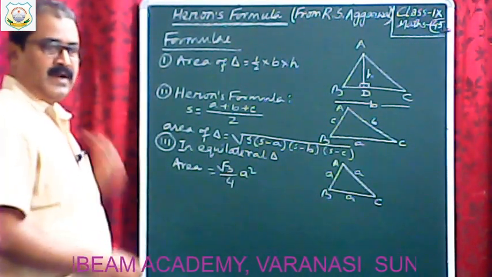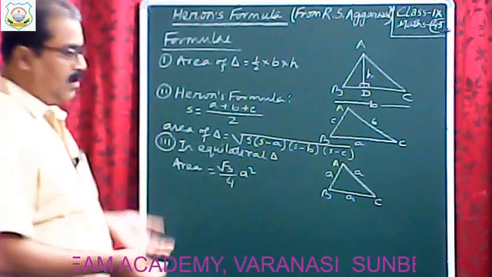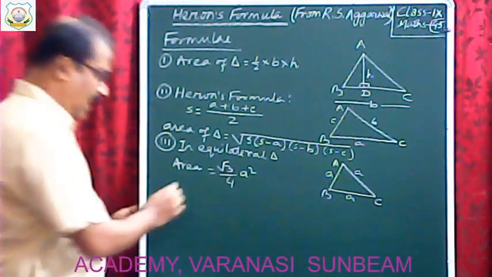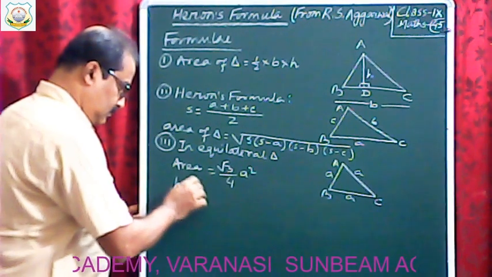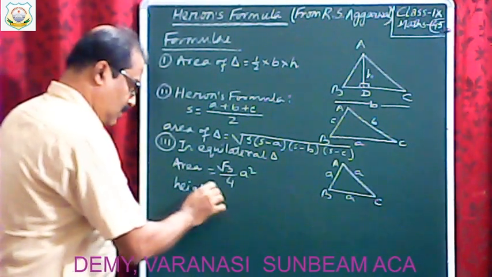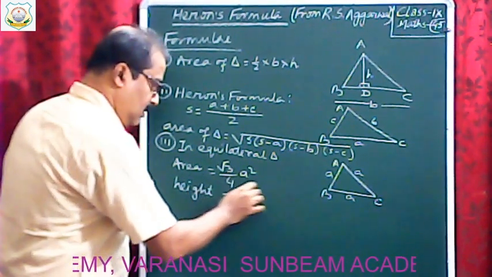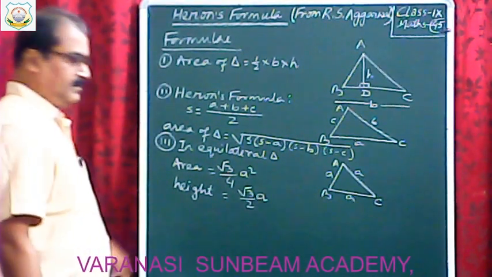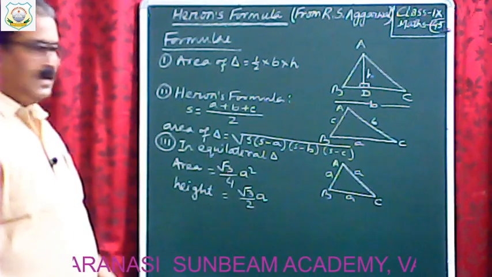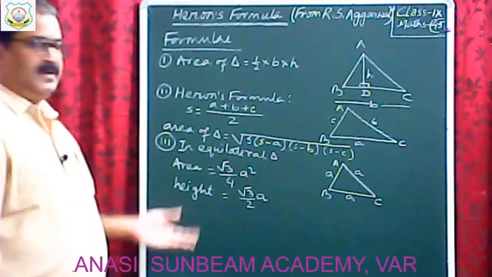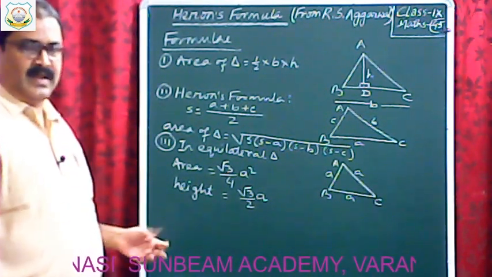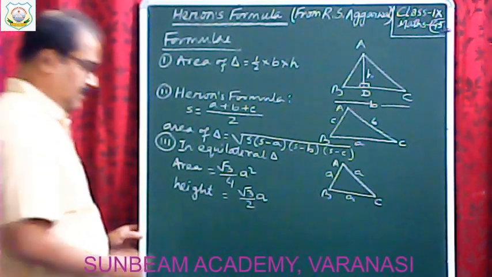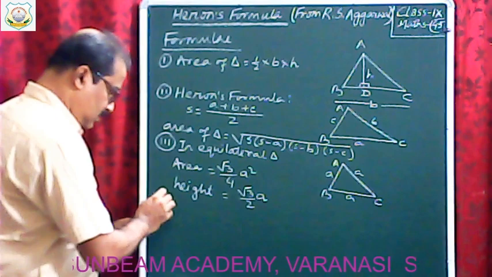Okay, in equilateral triangle, all three altitudes are equal. That is height. So height of equilateral triangle is square root 3 by 2 into side. Okay, and thereafter perimeter of equilateral triangle equal to a plus a plus a, that is 3a. Okay, no need to write.